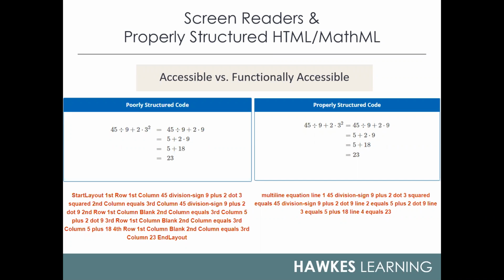So a website can be technically compliant with accessibility standards, meaning a screen reader technically works with the website, but still be functionally inaccessible if the code is structured poorly. And to work towards this higher standard, our goal was to use properly structured HTML and MathML coding throughout the entire website. And I want to show you more specifically what that means.